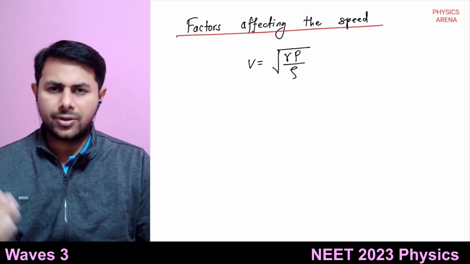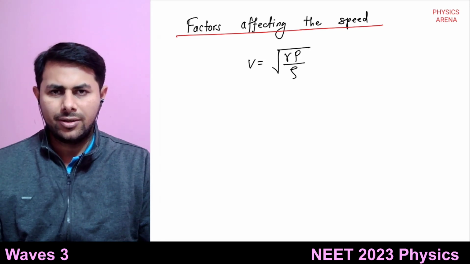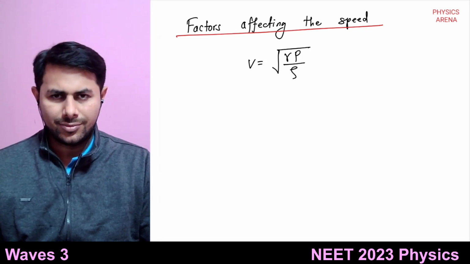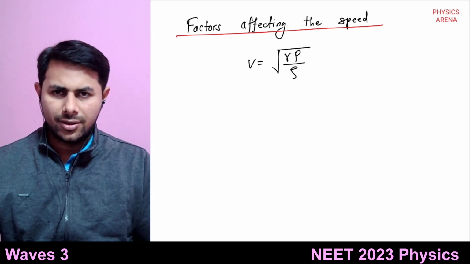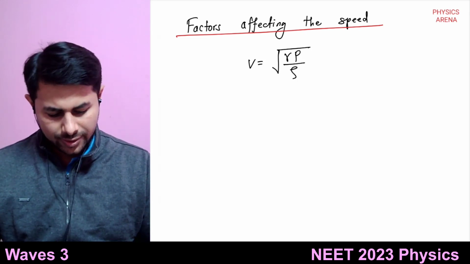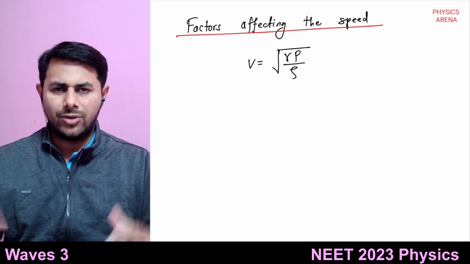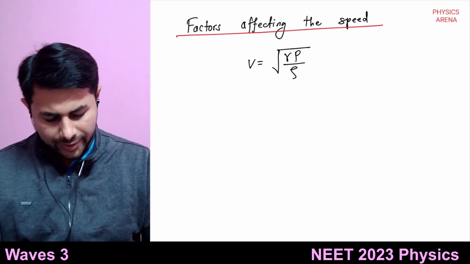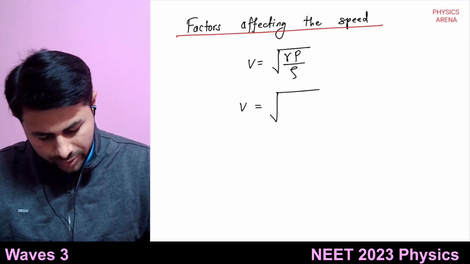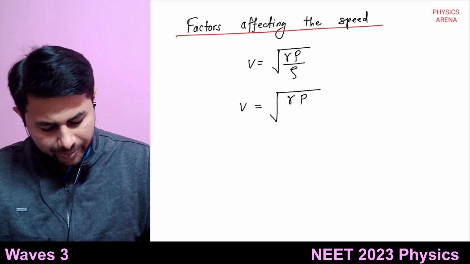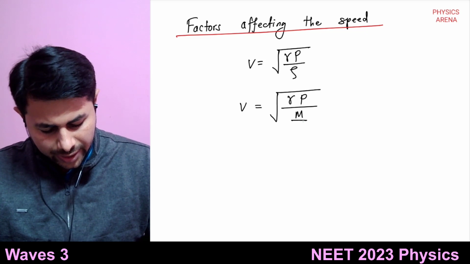Now density can be written as mass upon volume. If you take molar mass, the volume will be the volume of 1 mole. So you will get V equals square root of gamma multiplied by P divided by m upon V.